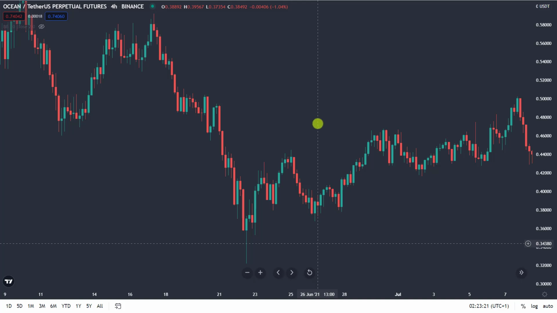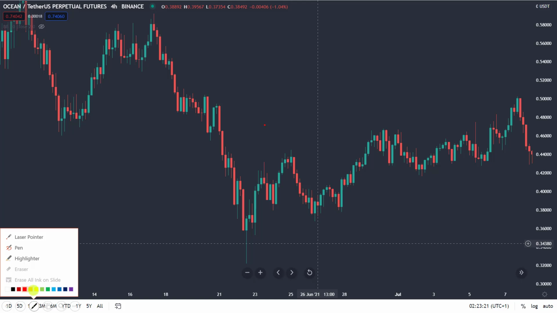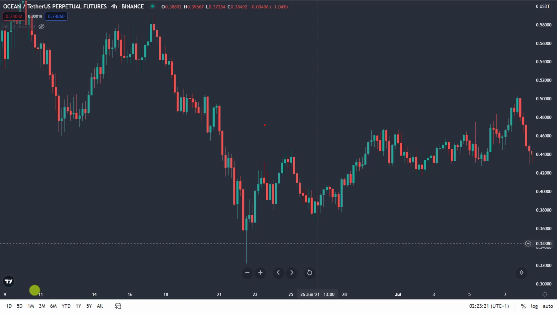For a bearish trend, the trend is coming down. Let me change the color of my pen. So we can see that we are in a downtrend from this particular period downward like this, until we get to this area here where we have our hammer.